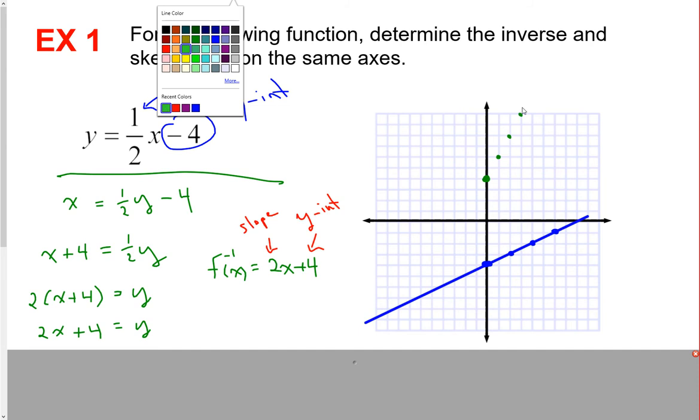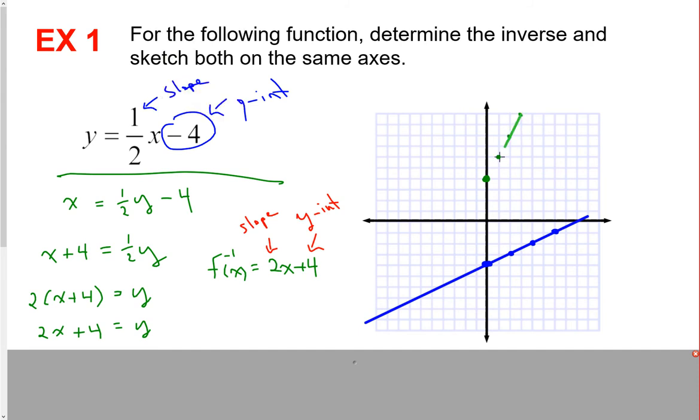So let's do a green line that's going to go through all these points. Like that. And there we have it. So I've graphed my regular function and my inverse.